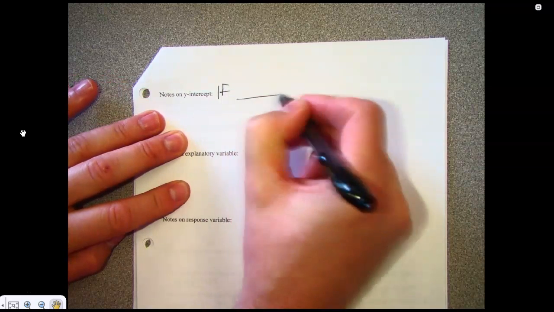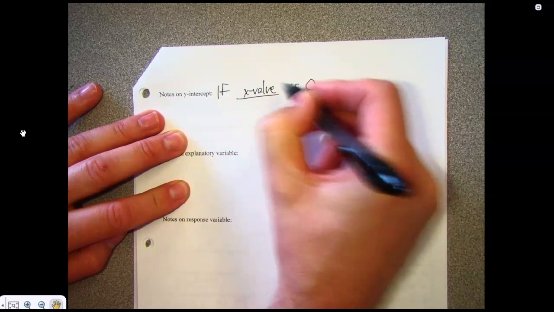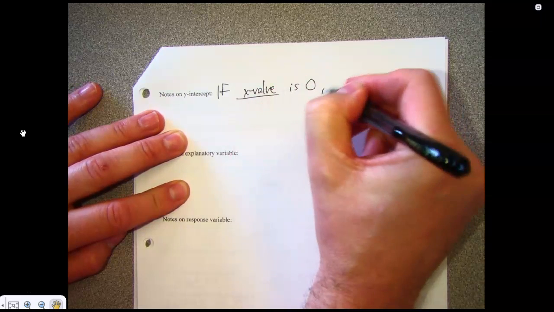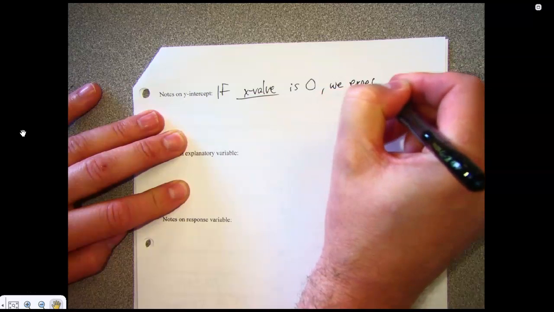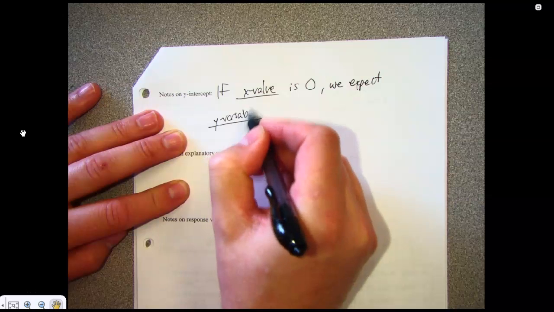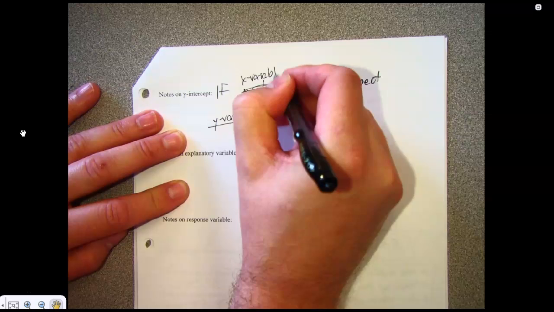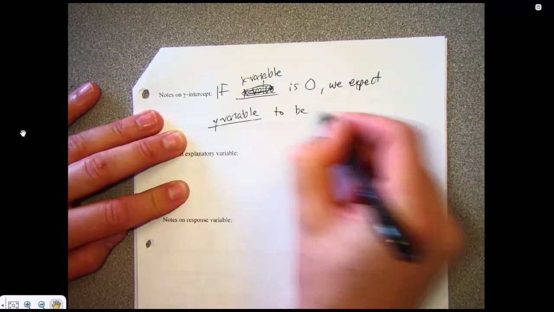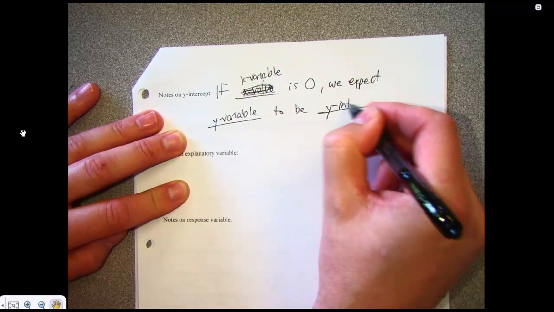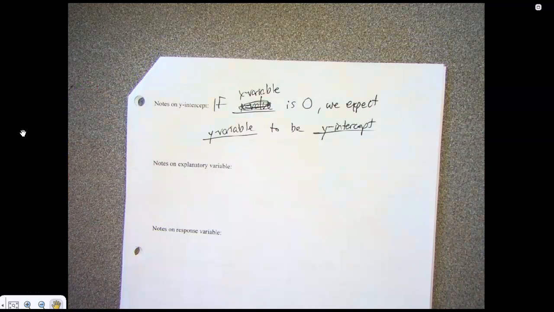So if, let's say, the x value is 0 for the x variable, we expect the y variable to be whatever the y-intercept is. So that's just what you did the last time, you just did it 3 times. Just summarizing it for you so you can look back at that later.